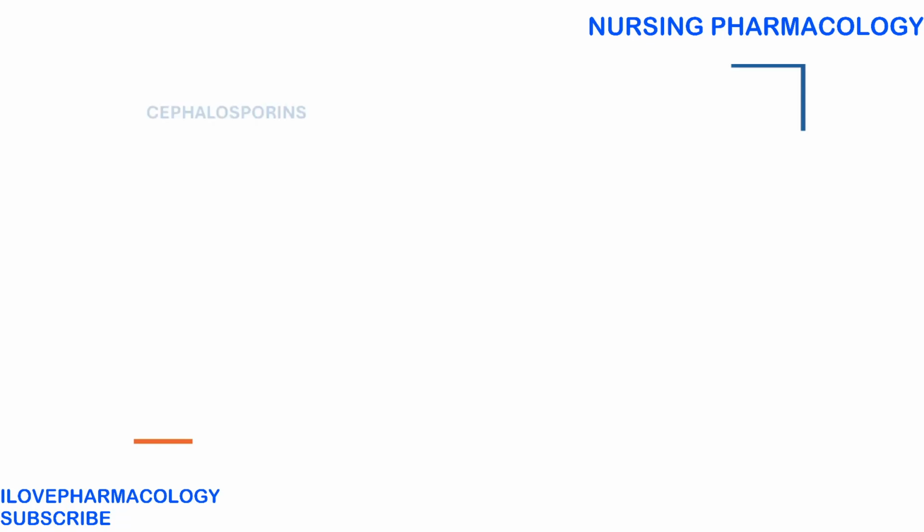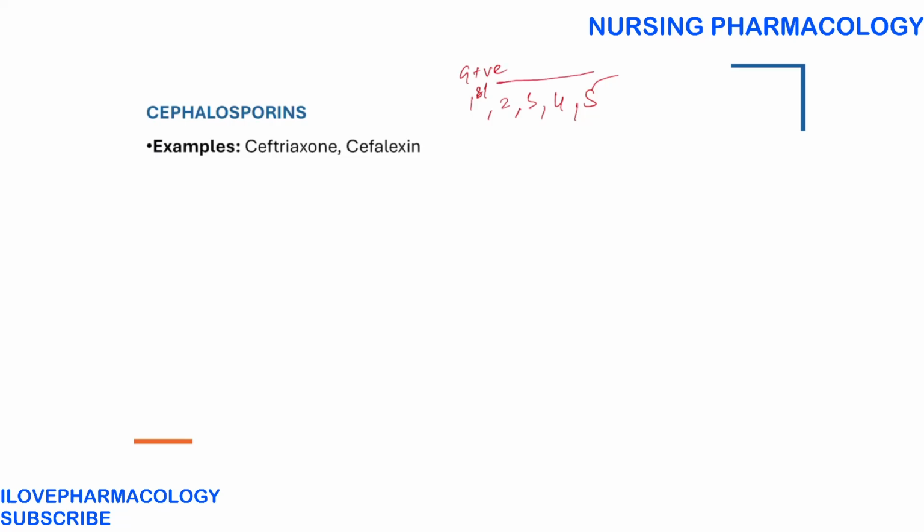So next, coming to the cephalosporins, again we need to remember there are first generation, second generation, third generation, fourth generation as well as fifth generation cephalosporins. Usually first generation will cover gram positive organisms. As the generation progresses, it also covers gram negative organisms, and the fifth generation will be able to treat pseudomonal infections.